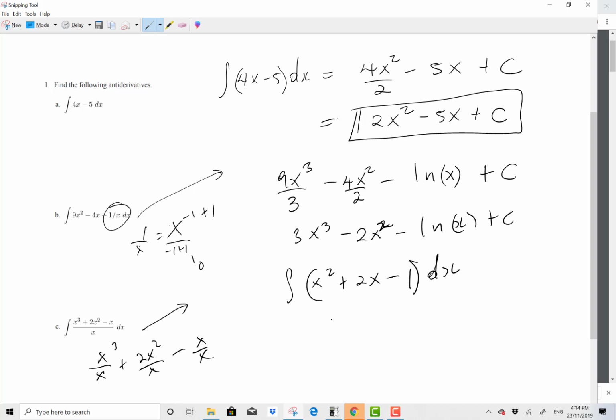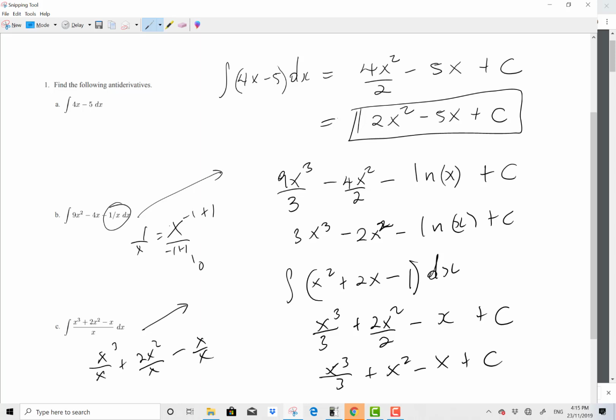And with that, I'm going to have x cubed divided by 3 plus 2x squared divided by 2 minus x plus c. So that simplifies. We get x cubed over 3 plus 2 into 2, that's out, so we're going to have x squared minus x plus c. And that expression is representing my integral.